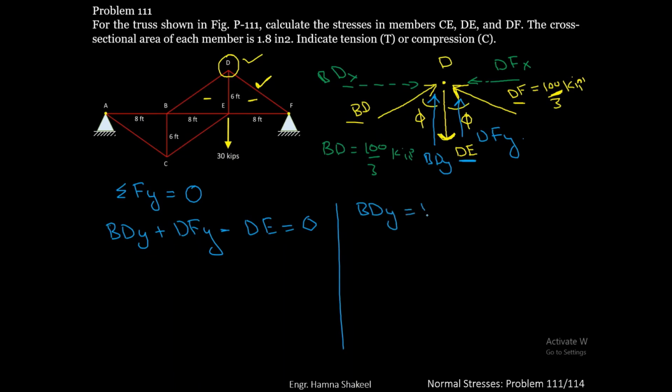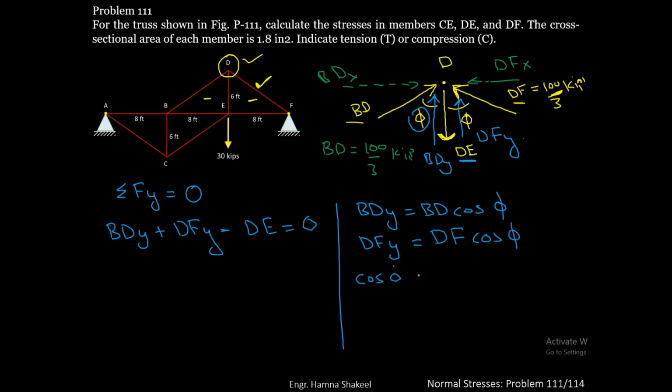BDY is equal to BD cos of phi and DFY is equal to DF cos of phi.